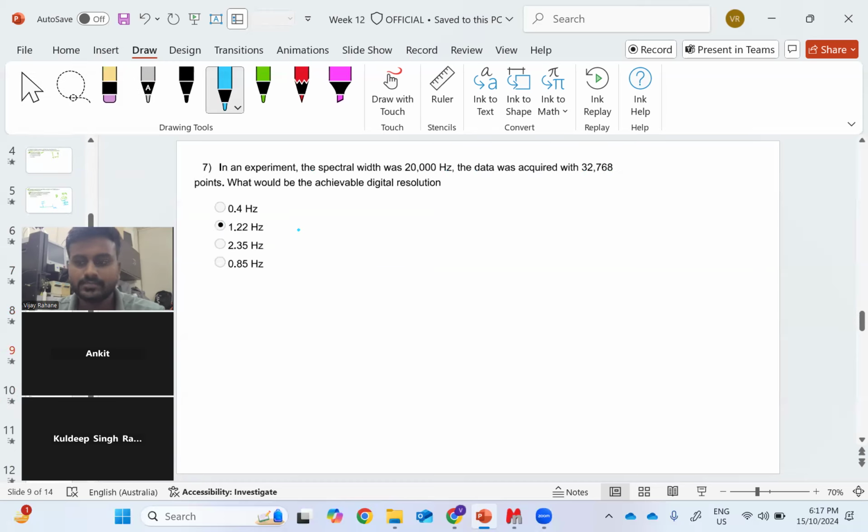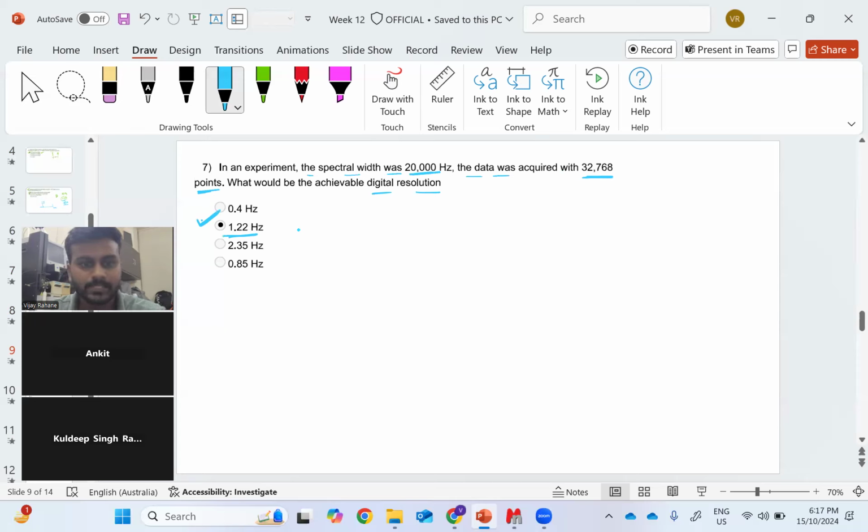The next question is, in an experiment, the spectral width was 20,000 hertz. The data was acquired with 32,768 points. So what will be the achievable digital resolution? In this case, the digital resolution will be 1.22 hertz.